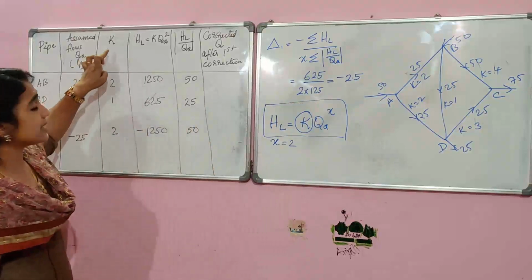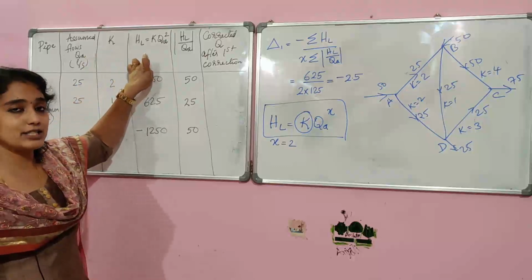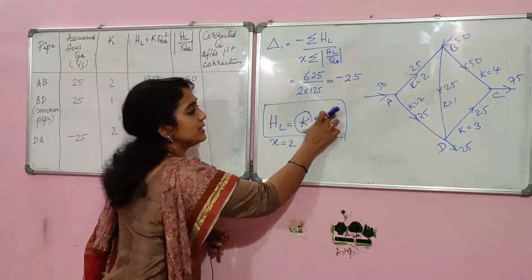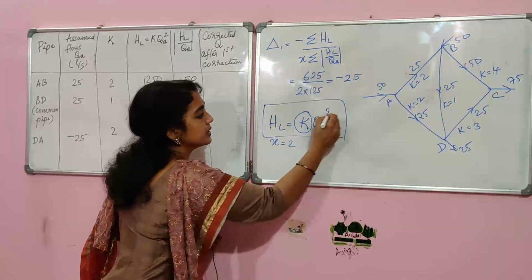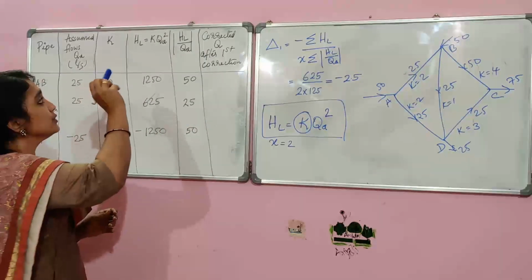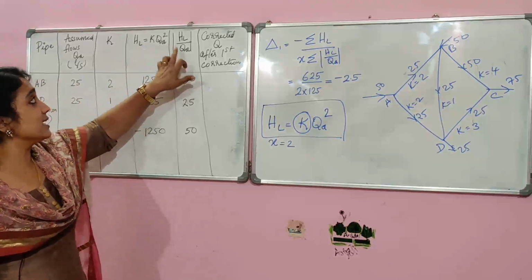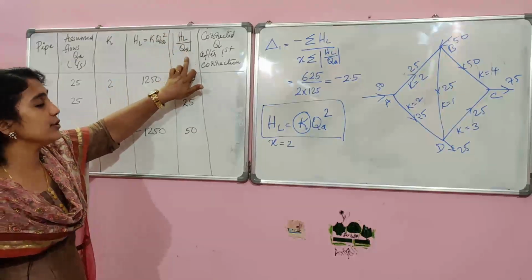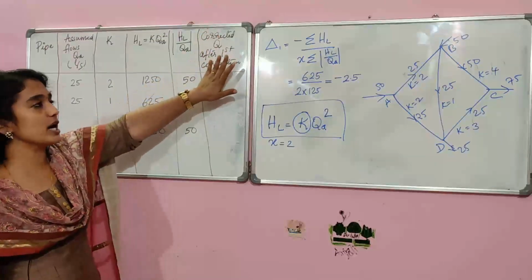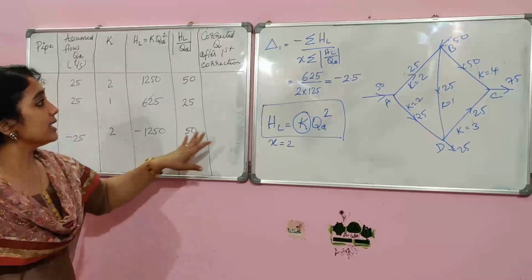Then the K value, which is also given. Then you have to calculate the HL value using the equation, where X will be equal to 2. That is HL is equal to K QA raised to 2. Then the next column is mod of HL by QA. Then the last column is the corrected discharge through each pipeline in that network.